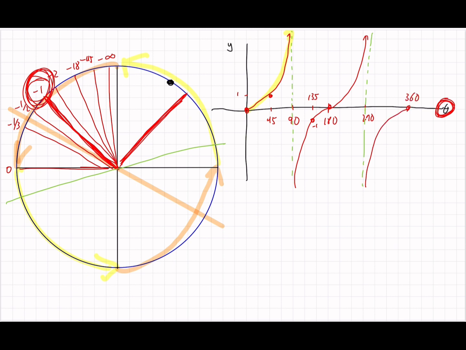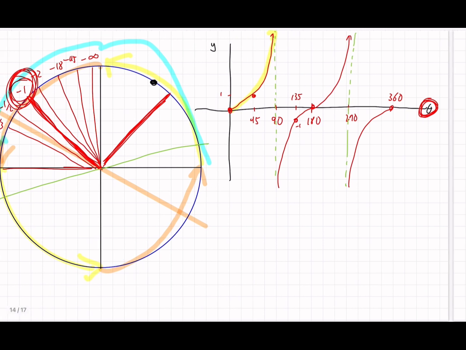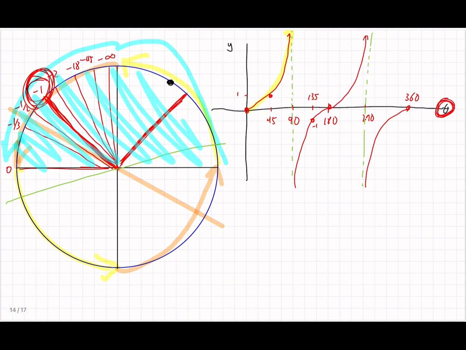So one cycle only comprises half a circle, right? Going from here to here and then here to here, that's one cycle completed. And then from here to here, there's nothing different about it. It's the exact same thing that we've done before. So that's why 180 degrees is considered one period.